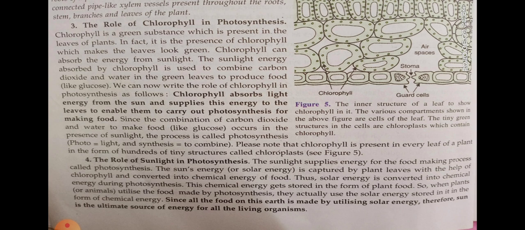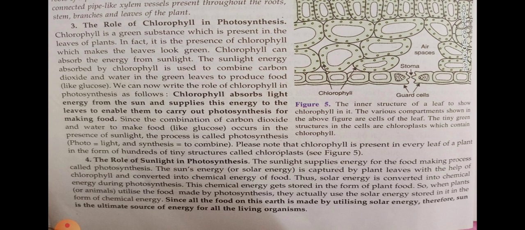The combination of carbon dioxide and water to make food like glucose occurs in the presence of sunlight. The process is called photosynthesis. Photo means light and synthesis means to combine. Okay, so you know the role of chlorophyll in photosynthesis.